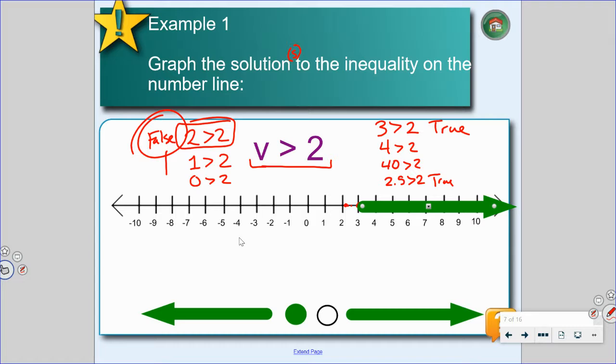So we need to make sure we don't put a full dot at 2. In other words, 2 is not a solution, but every number just to the right of 2 is. We call that an empty or an open dot.